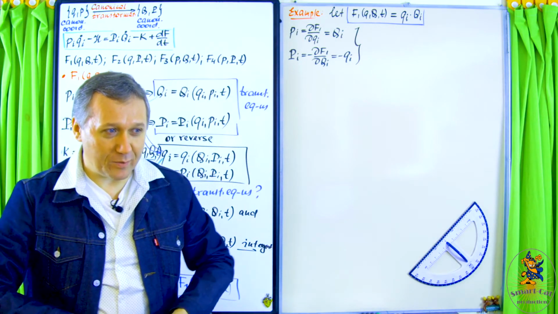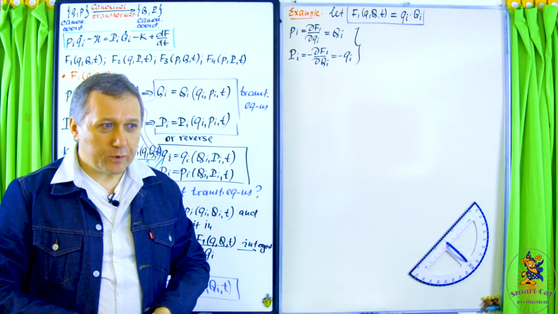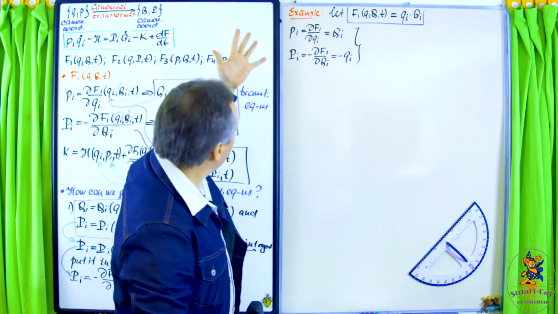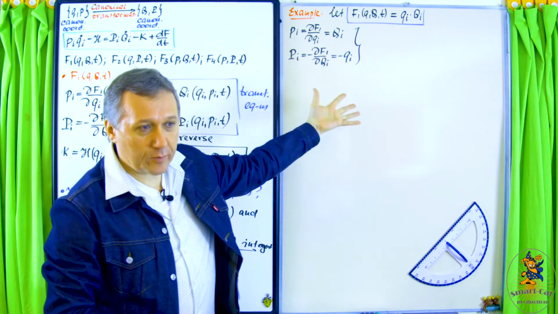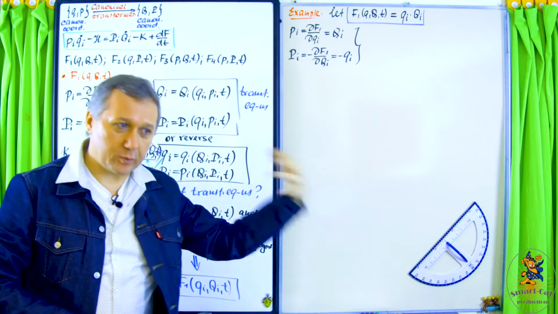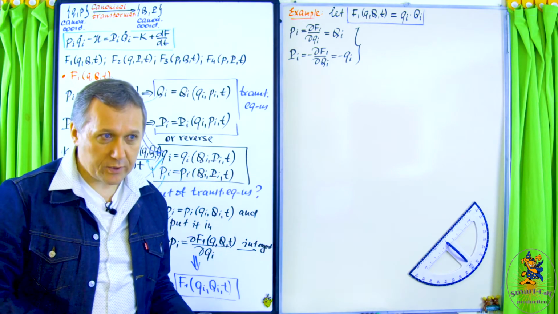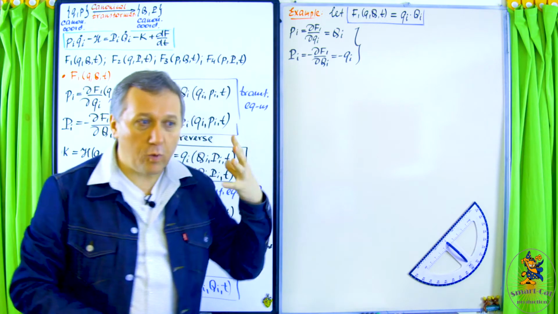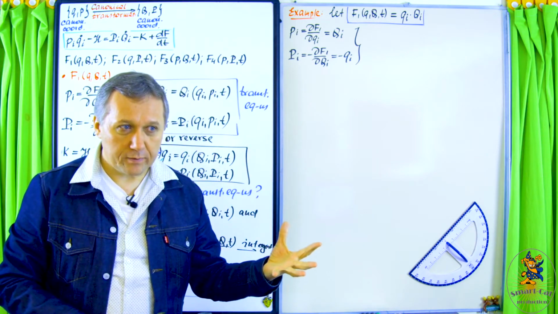What is interesting about this? It looks like this transformation, of course, will be a canonical transformation, leading us from a nice place to a nice place where Hamilton's equations are correct. But look, during this transformation, it looks like we swap variables.